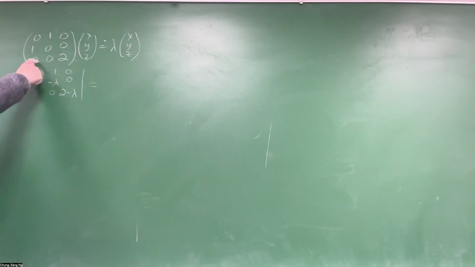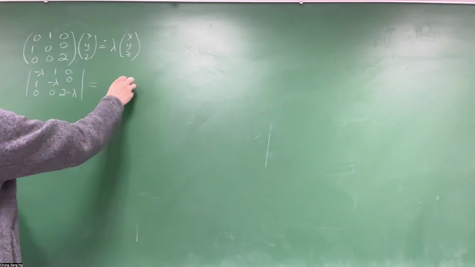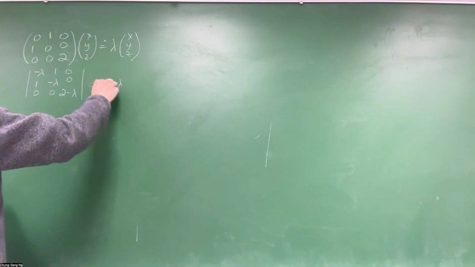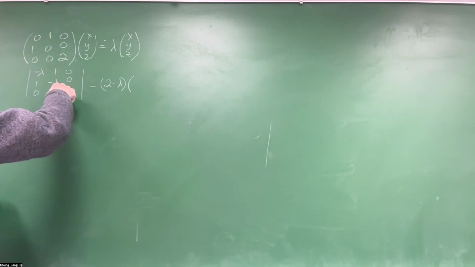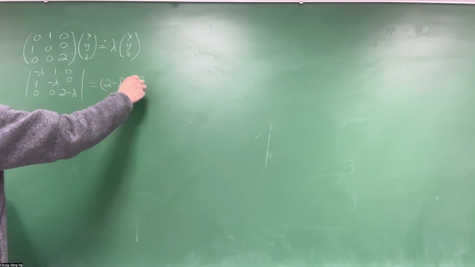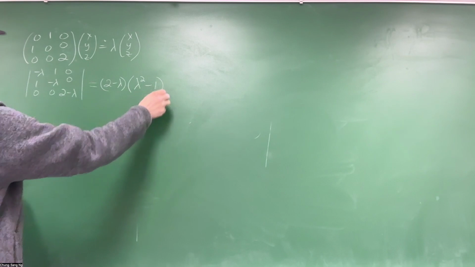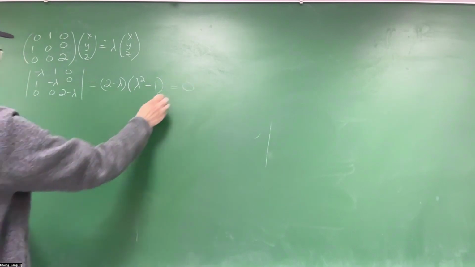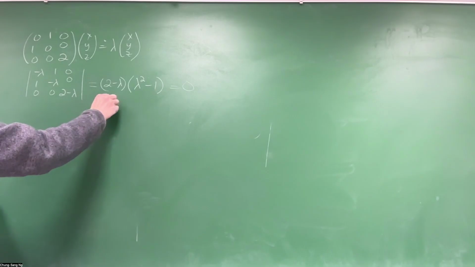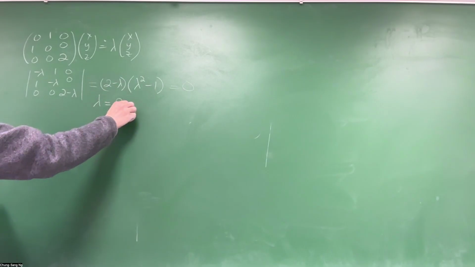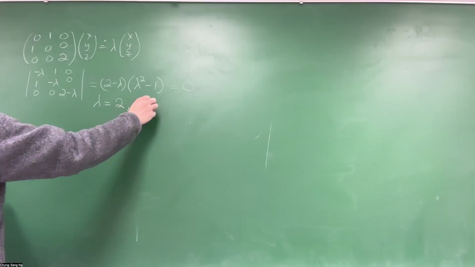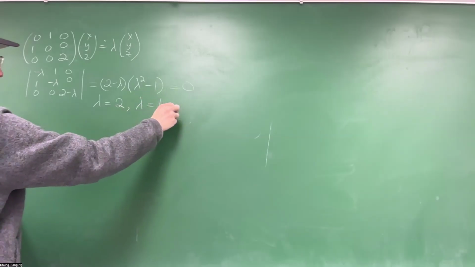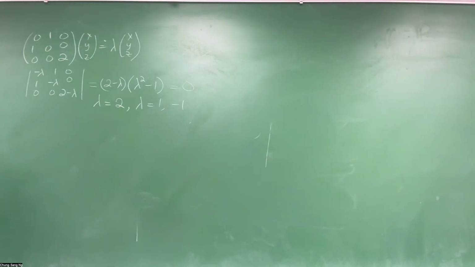So it's just this element multiplied by the determinant of this 2 by 2 matrix. Two minus lambda multiplied by the determinant, lambda squared minus 1, equals 0. So there are 3 roots: the first is lambda equals 2, and for the second factor, lambda is 1 or minus 1.